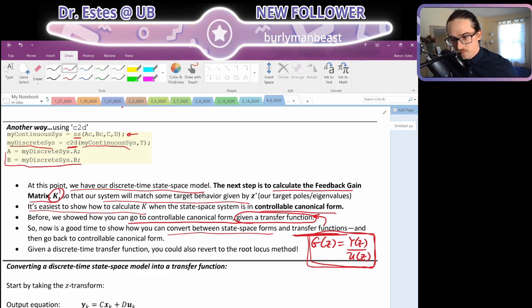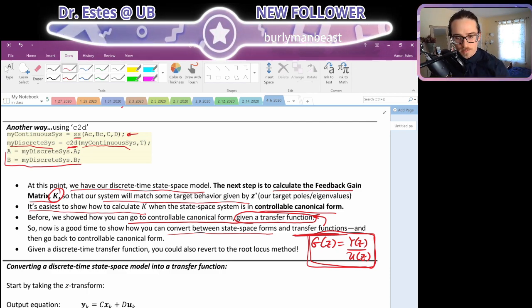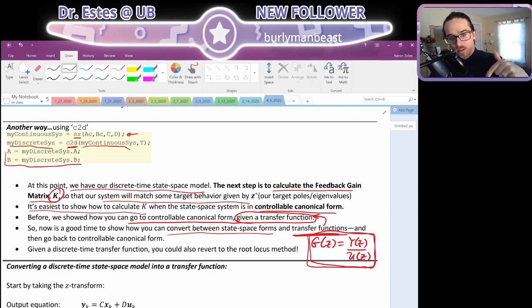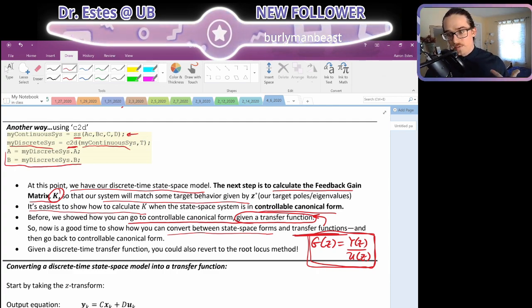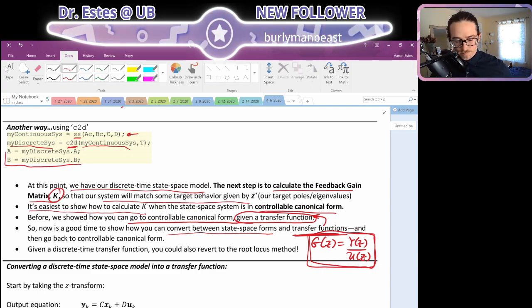So if you have a continuous time model for something, but you want to use the root locus method, you're going to have to get a discrete time transfer function for that system. So you're going to have to convert. But even in that case, you should use the approach I showed you just above. First, you should go into state space, and then you should go to this transfer function.